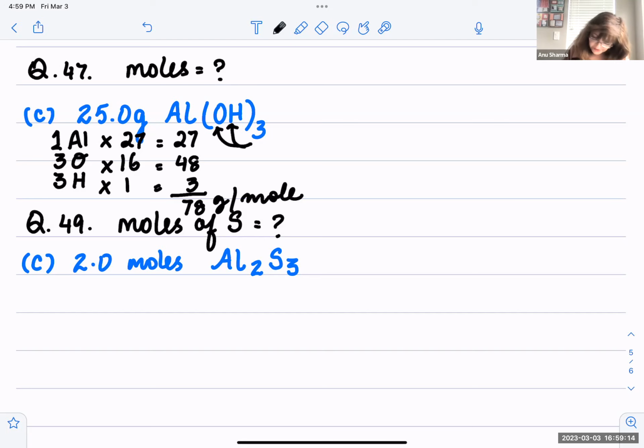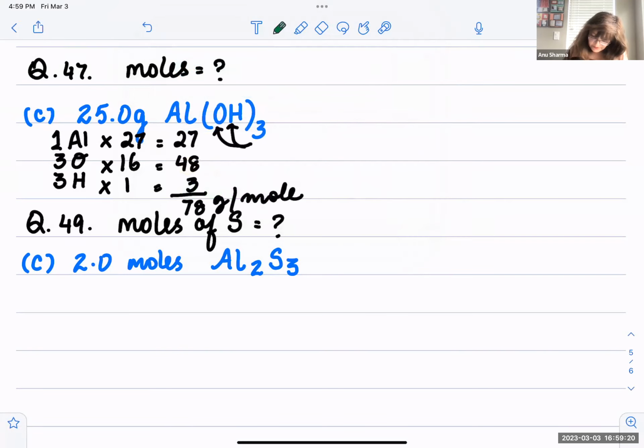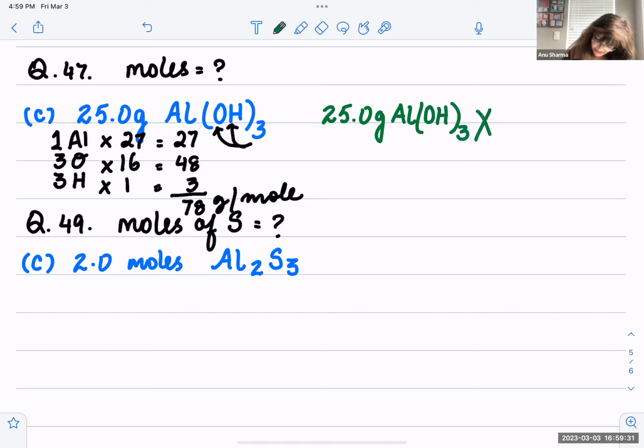Okay, so now we are given, let me do it in a different color, 25 grams of aluminum hydroxide. So 25.0 grams of Al(OH)3, multiplied by, we need to find how many moles.